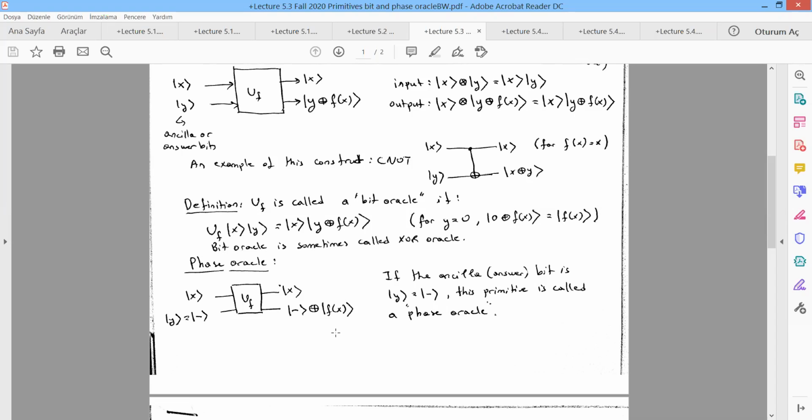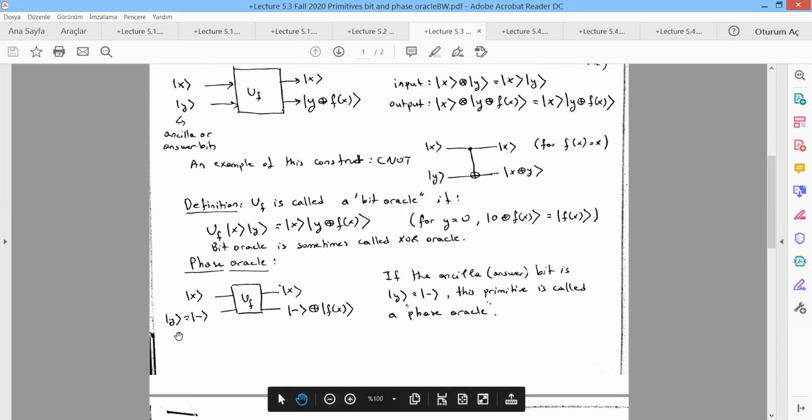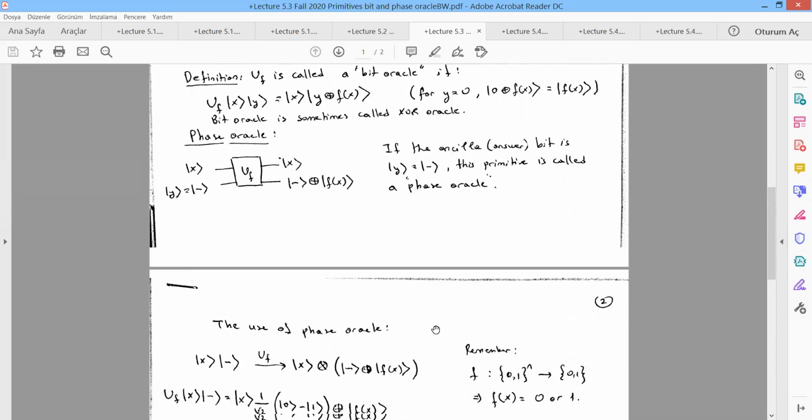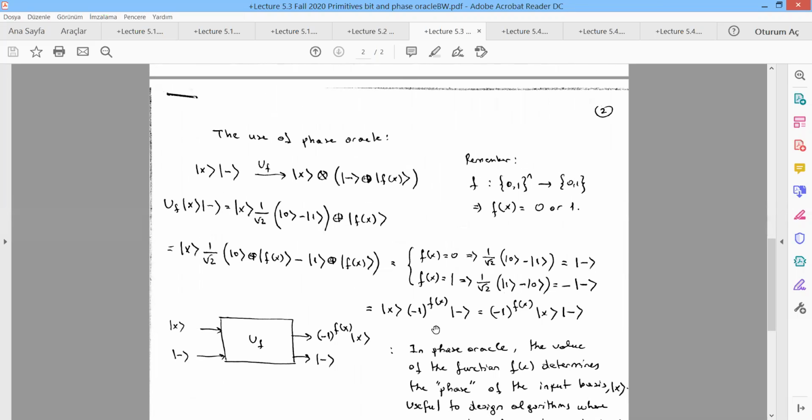So the only difference between a phase oracle and a bit oracle, as we said, is that in the input as the |y⟩ ancilla bit, we have the |−⟩ state, and this primitive is called a phase oracle. To understand the use of the phase oracle, and by the way, phase oracle and bit oracle are interchangeable. They are equivalent, just different representations.